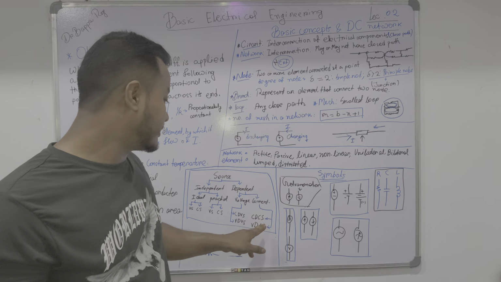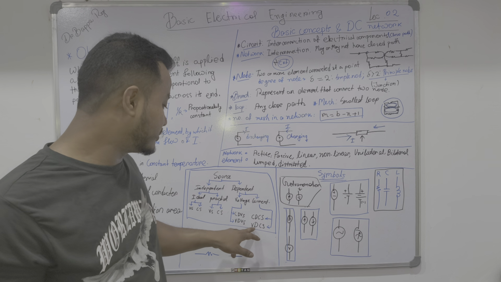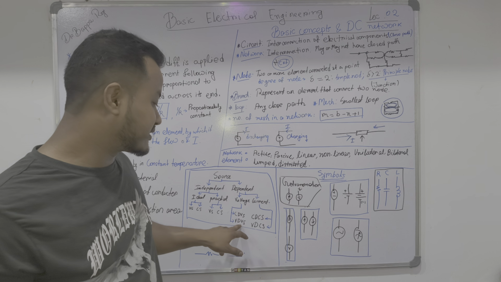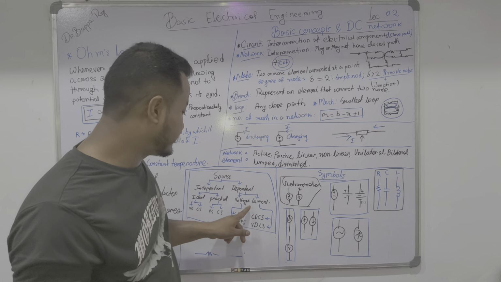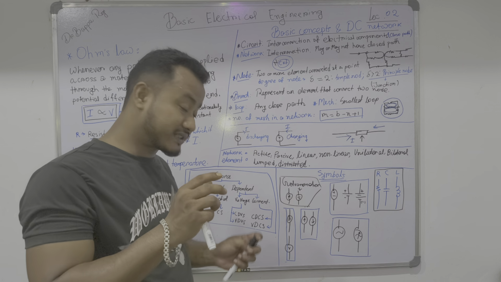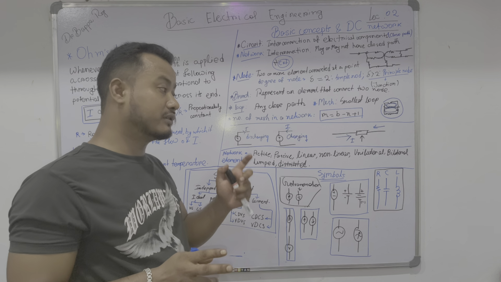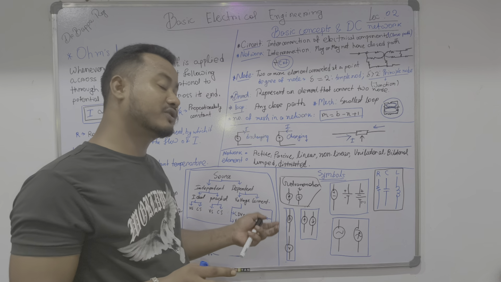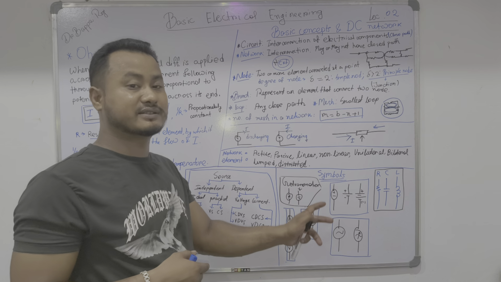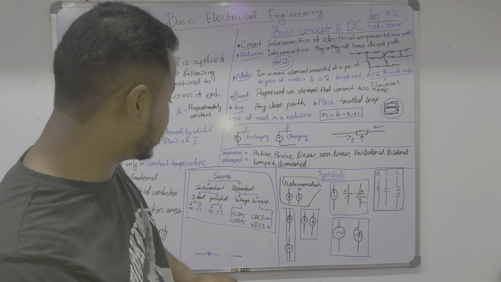For the current source we have the same: current dependent current source and voltage dependent current source. Suppose this one is a current dependent current source, meaning the current source value depends on the current of another element or component present in the circuit. I think it's clear.